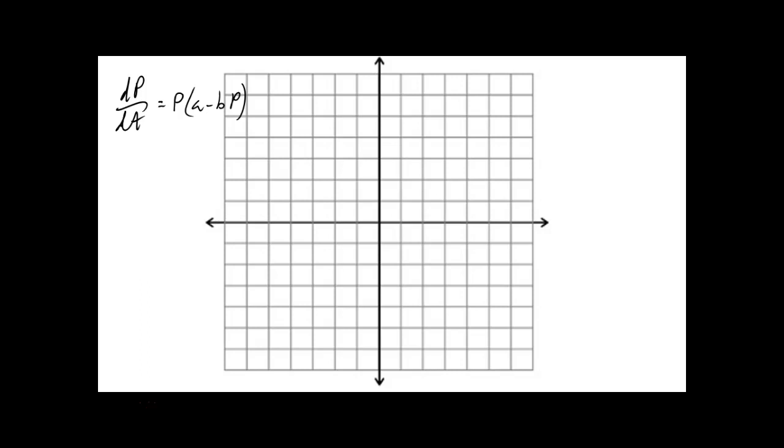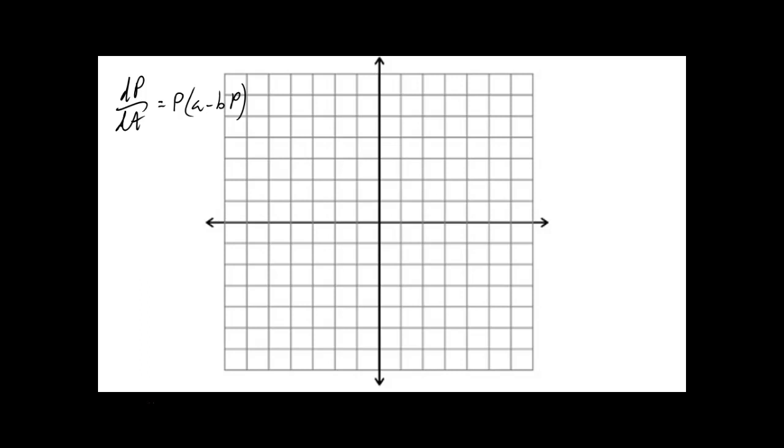That's the t. The t doesn't show up. In other words, the independent variable is nowhere to be found. You've taken the derivative with respect to it, but that derivative is strictly a function of the dependent variable.